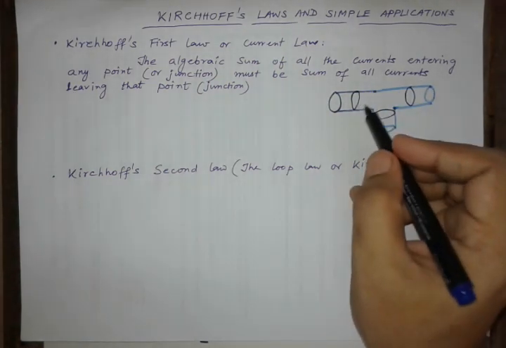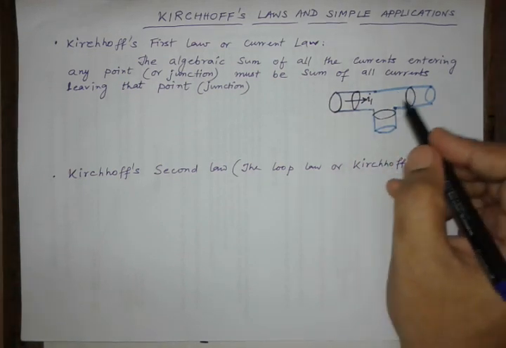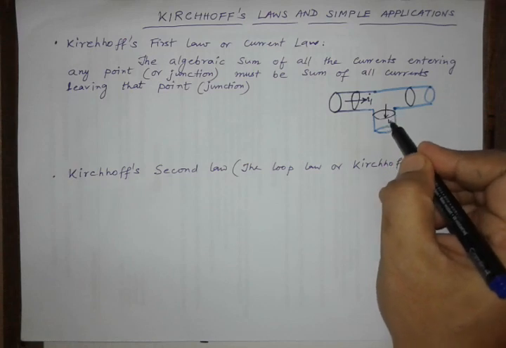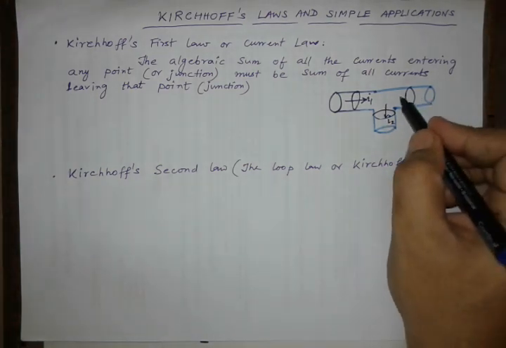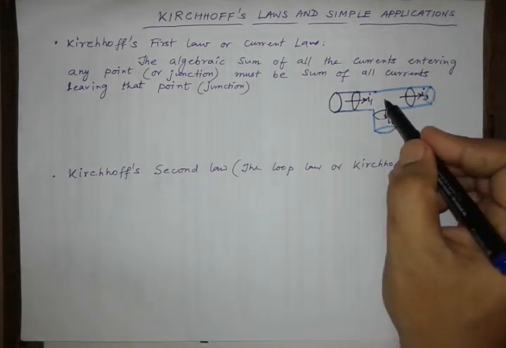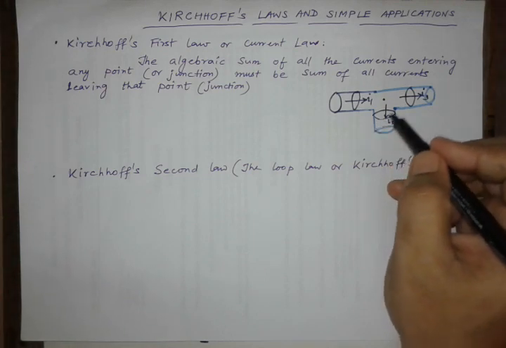Suppose I1 current is passing through this one, then I2 current is passing in this direction, and then I3 current is passing in this direction. This point is known as the junction.